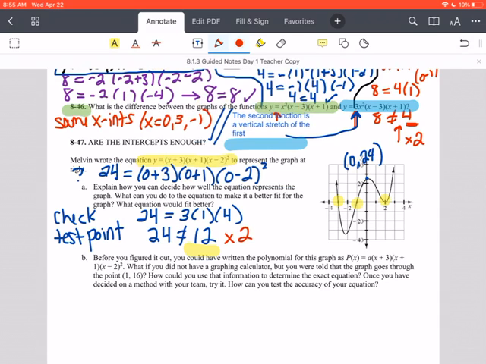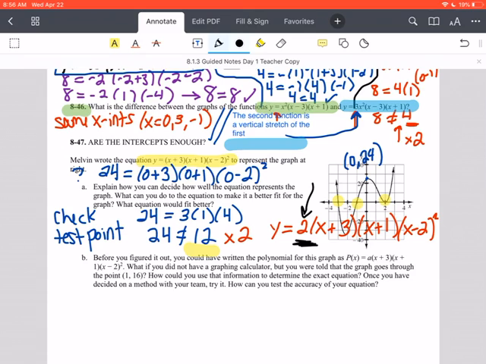So the equation should be y equals 2(x + 3)(x + 1)(x - 2) squared. Okay, so that 2 is very, very important. Now the x-intercepts didn't change. It's just the vertical stretch factor that changes.